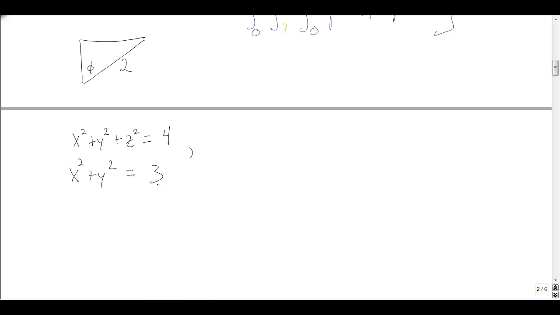Now what we're trying to do is really find the z. We want the z height here. So we can plug in x squared plus y squared equals 3 into the first equation. Put these together, you get 3 plus z squared equals 4. So the x squared plus y squared in the first equation gets replaced with the x squared plus y squared in the second equation, which is 3. That gives us z squared equals 1. And so z is plus or minus 1.